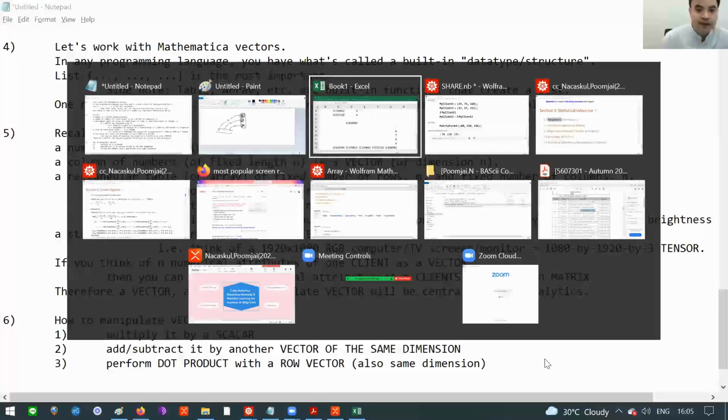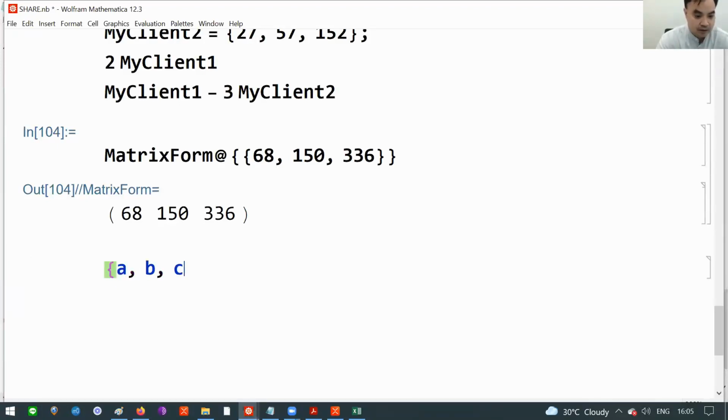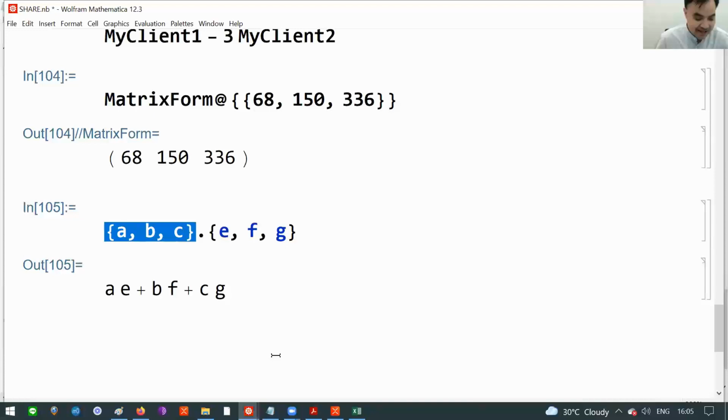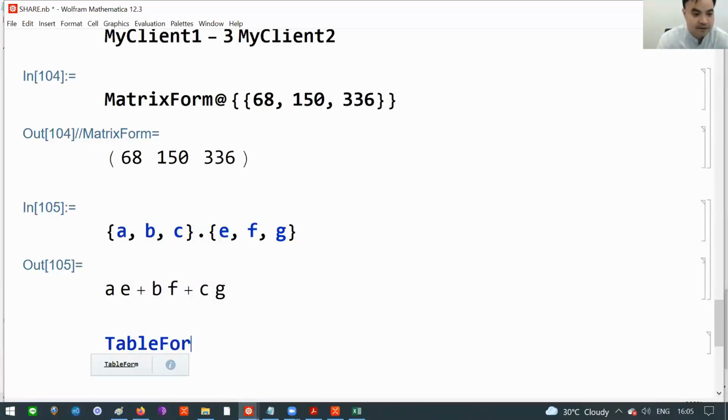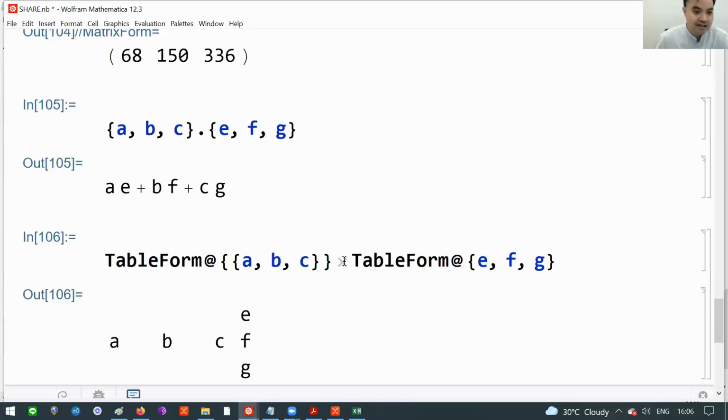Now, watch this. In Mathematica, if I have something like ABC, and I want to do the dot product, I can do this.